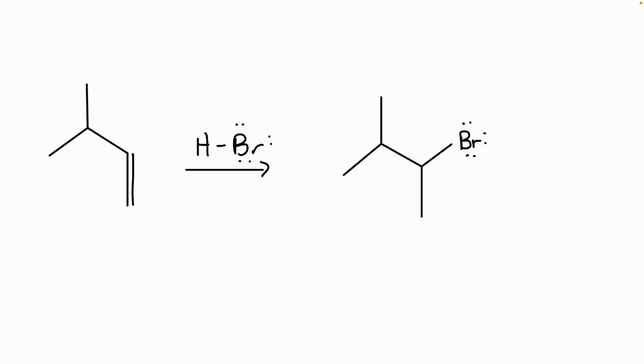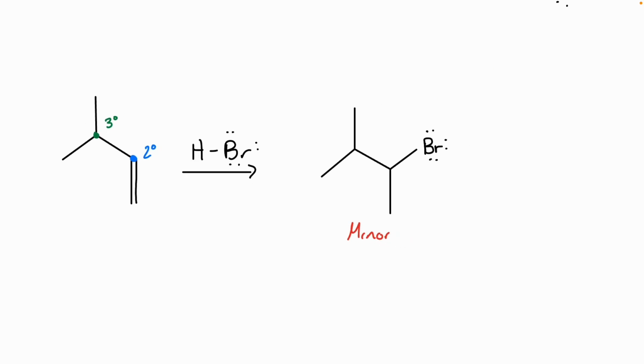Is this the major product of this reaction? No, why not? Because of the hydride shift, absolutely. So this one right here would be considered a minor product. My major product, because I have this secondary carbocation that's going to form directly next to a tertiary carbon, I'm going to have that hydride shift.